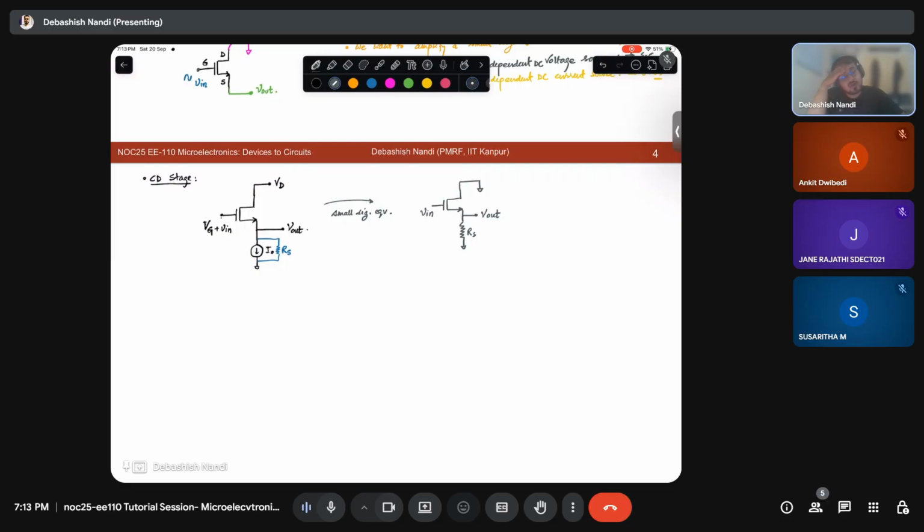So this is your common drain stage or common drain amplifier. Okay. Now, how do you calculate the gain of this amplifier? What do you generally use? Can you tell me? I'll provide you some better tool to analyze this easily, some better representation. So can you tell me how you analyze it at this moment?